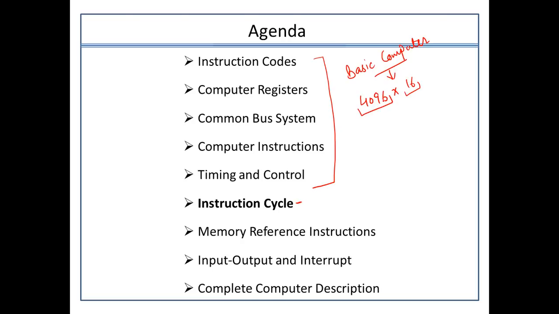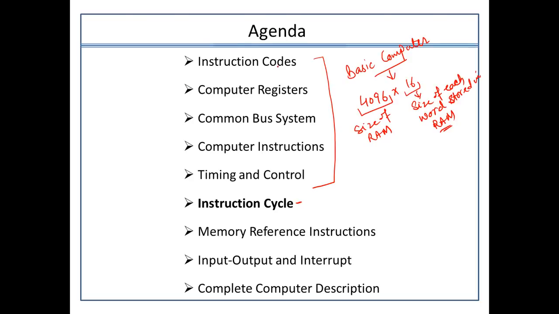So 4096 simply means the size of my RAM or the main memory, and 16 is the size of each word, or the data which is stored in the RAM. This is what I need to understand before actually analyzing the instruction cycle.